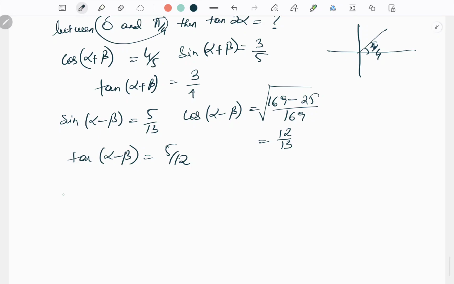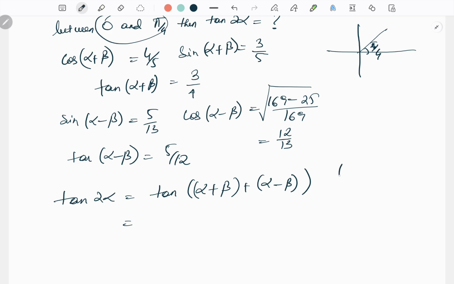So now see, tan 2 alpha we can write as tan of alpha plus beta plus alpha minus beta, right?